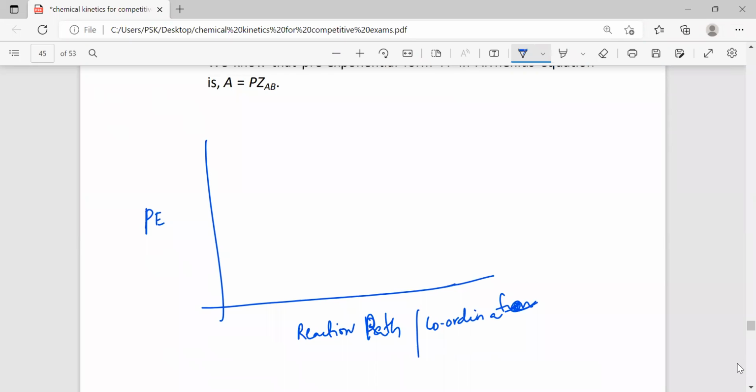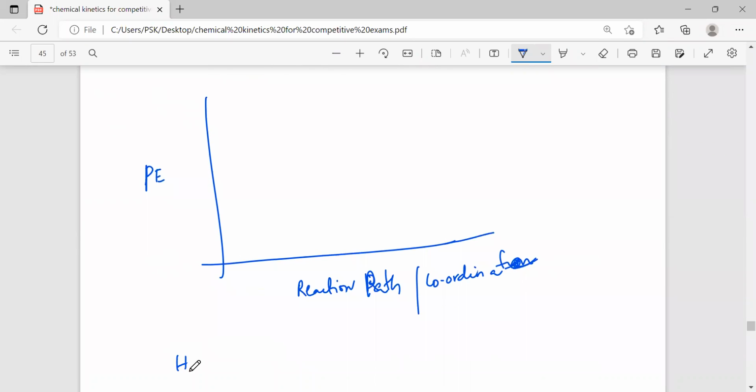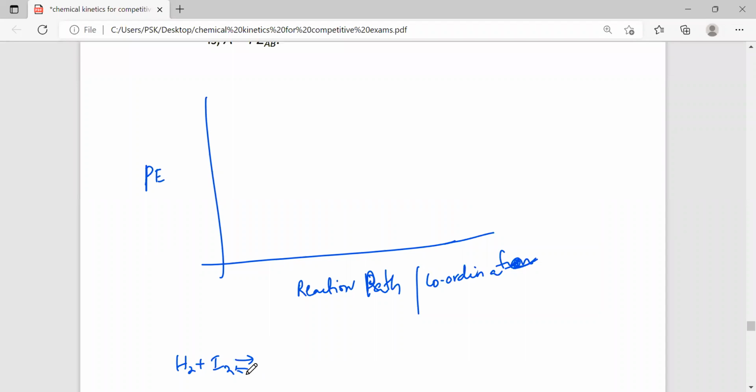Now, I'll ask you a question. If hydrogen and iodine are allowed to react, what's the product we get? Hydrogen iodide. What's the definition of chemical kinetics?